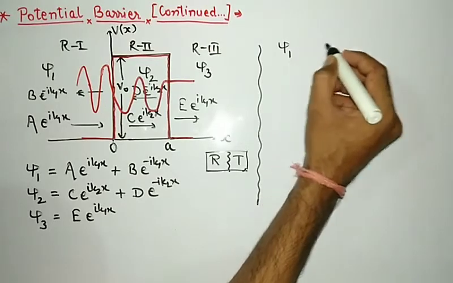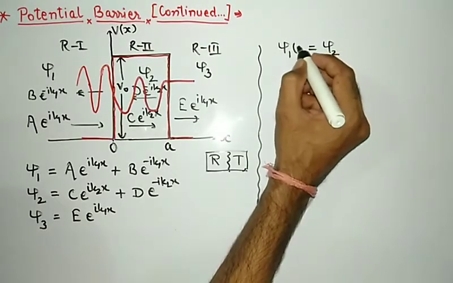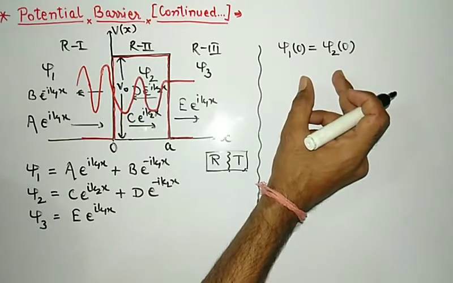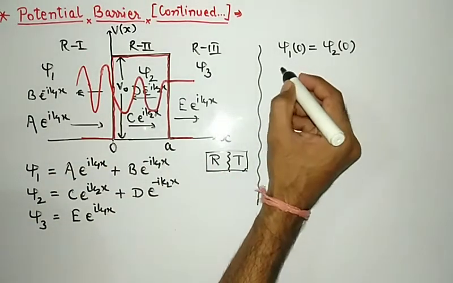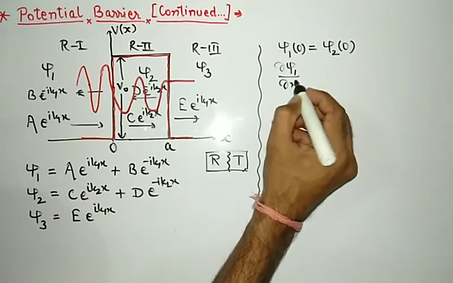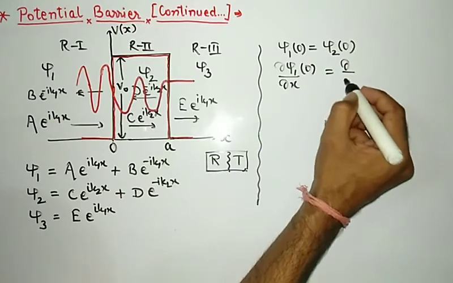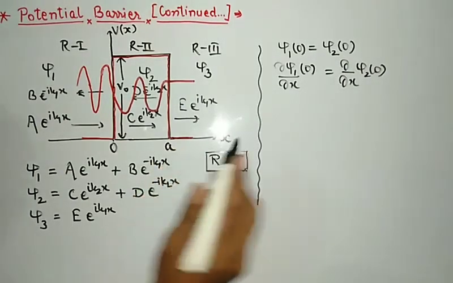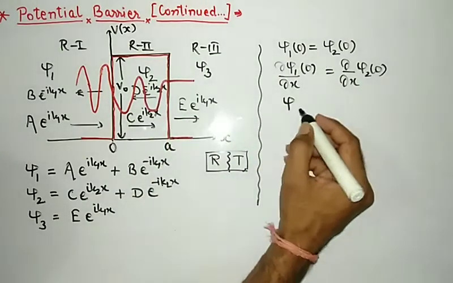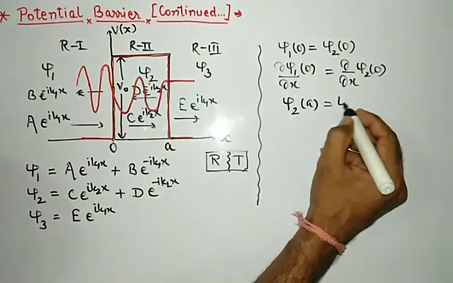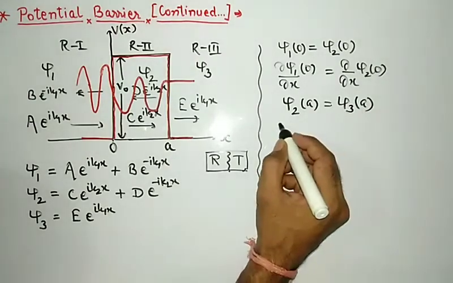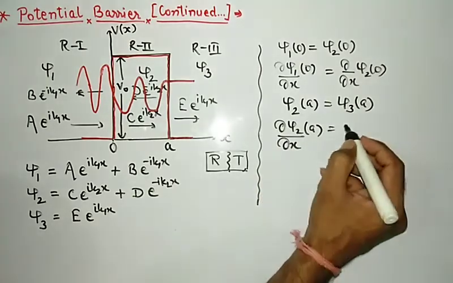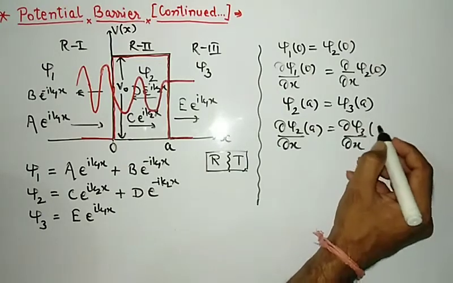Psi 1 and psi 2 are equal at 0, and since psi is a continuous function of x, its first derivative is also continuous, that is d psi 1 by dx equals d psi 2 by dx. Similarly at point a, psi 2 and psi 3 are continuous functions of x, so psi 2(a) equals psi 3(a), and their first derivatives d psi 2 by dx and d psi 3 by dx are also equal.